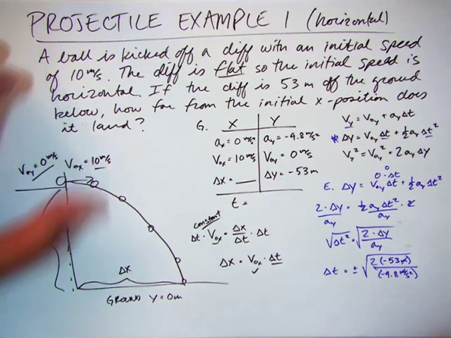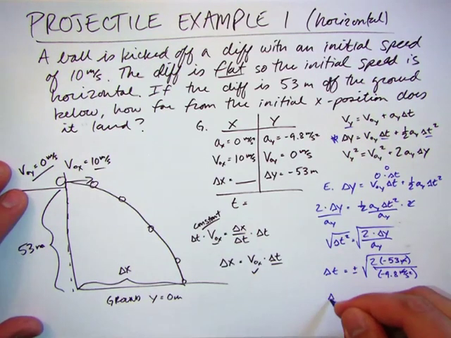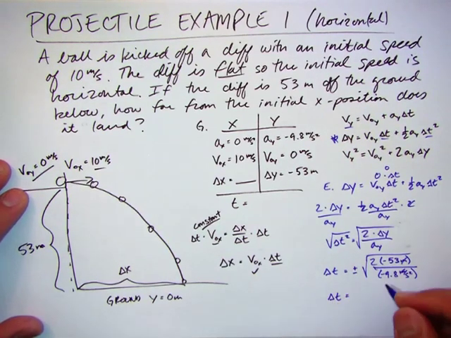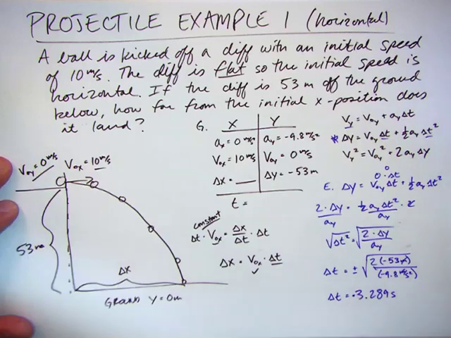So let's check my calc. All right, when I plug that in, I should get a time of 3.289 seconds. And I know it's positive because I can't have a negative time.